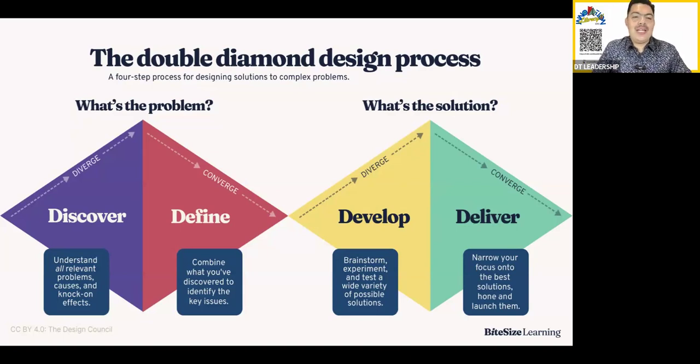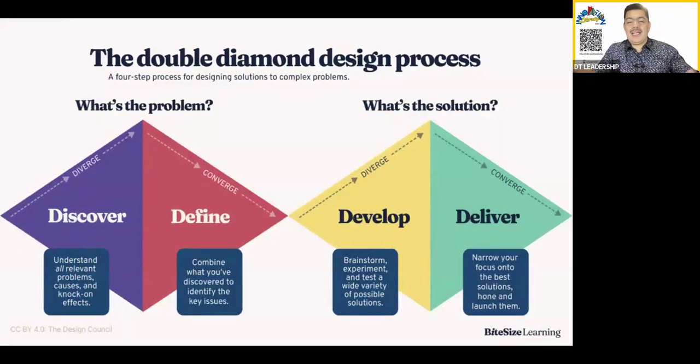So in the what's-the-problem phase, basically we diverge. Diverge means the thinking is opening up. Look at the problem, observe it, look at some of the issues. We go wide. So at discover, the first phase, you understand all the relevant problems, causes, and knock-on effects.